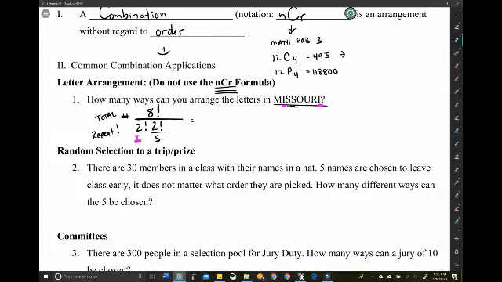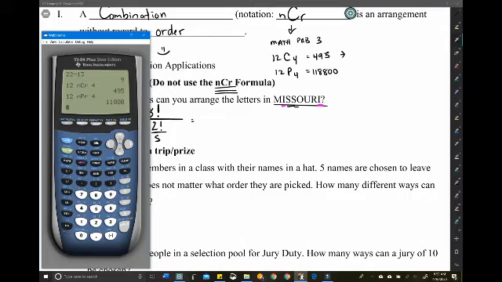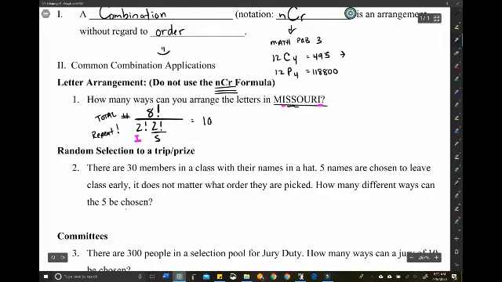In the calculator, I would just do 8 factorial divided by, make sure it's in parentheses, 2 factorial times 2 factorial. Parentheses especially around the denominator, and hit enter. So 10,080 ways to arrange the letters.